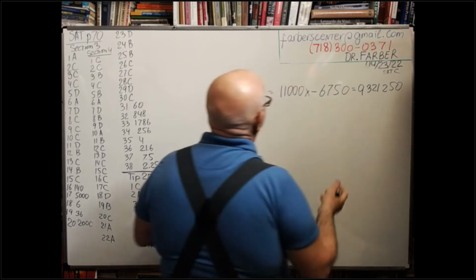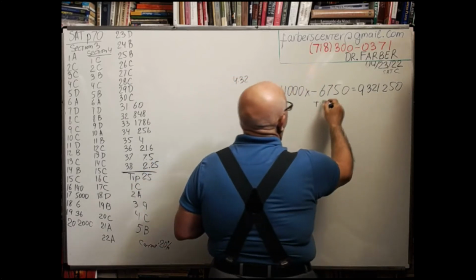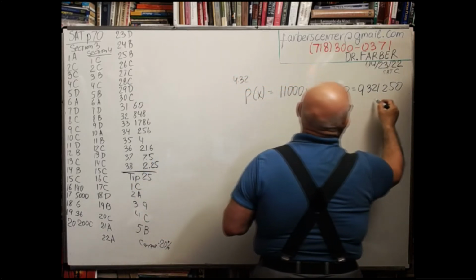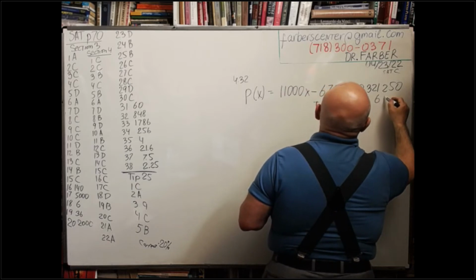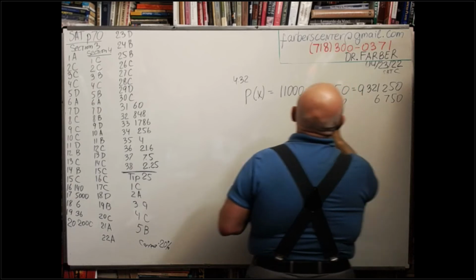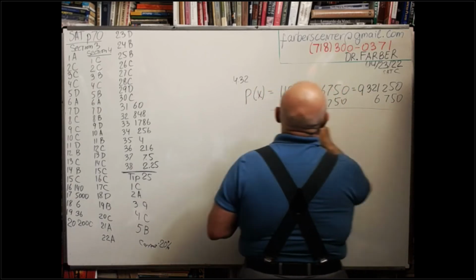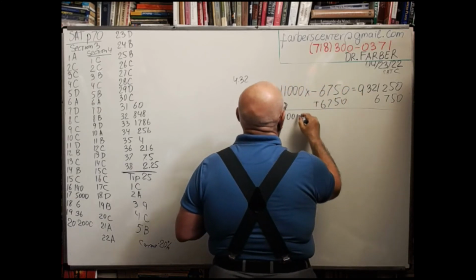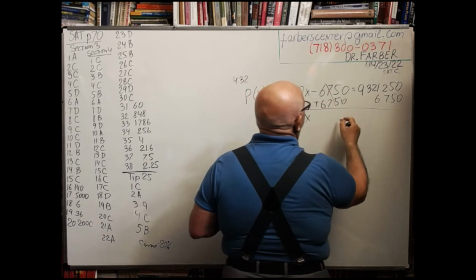So find x. Plus 6750, plus 6750, bring down 11,000 x. x cancels out.